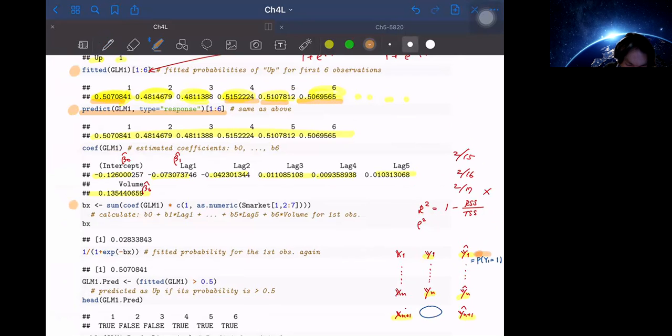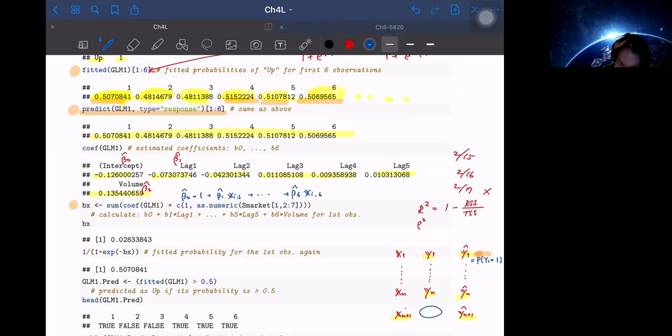So at first, we have to calculate beta naught hat times 1 plus beta 1 hat times the first component of the ith observation, xi1, up to beta 6 hat times xi6, the sixth component of the ith observation.